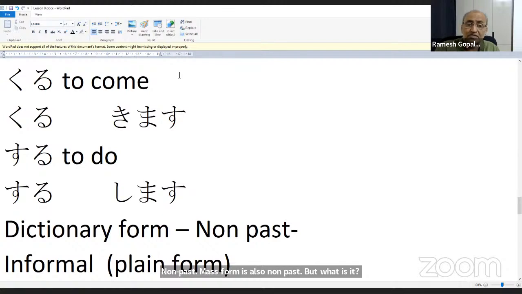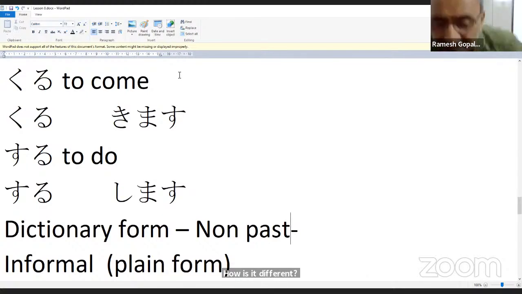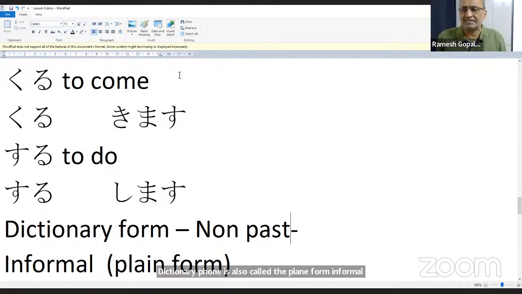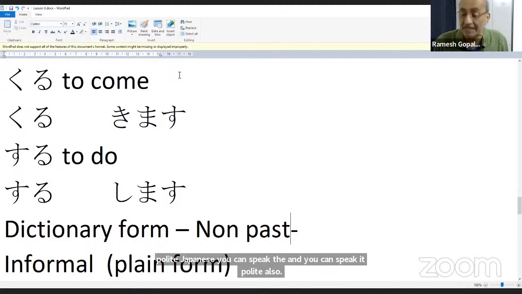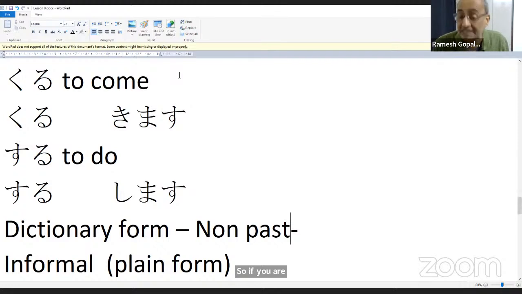Dictionary form is also called the plain form, informal form. I told you, you've got plain Japanese and polite Japanese. You can speak the language plain and you can speak it polite also. If your sentences end in the dictionary form of the verb, you're speaking plain Japanese, which we normally shouldn't, unless you speak to your friends or some very close friends.